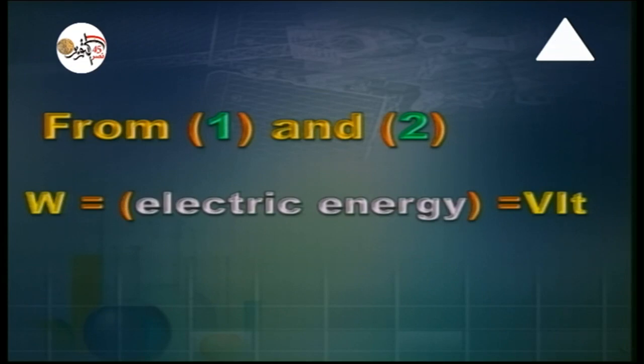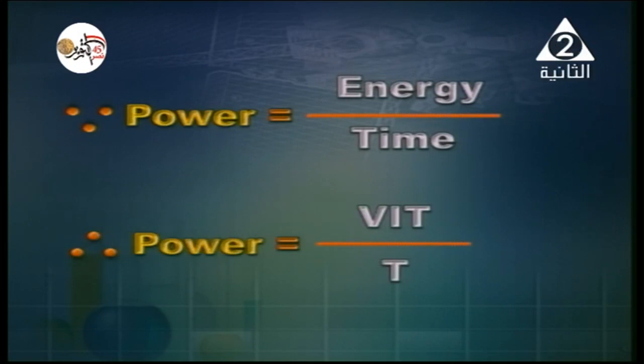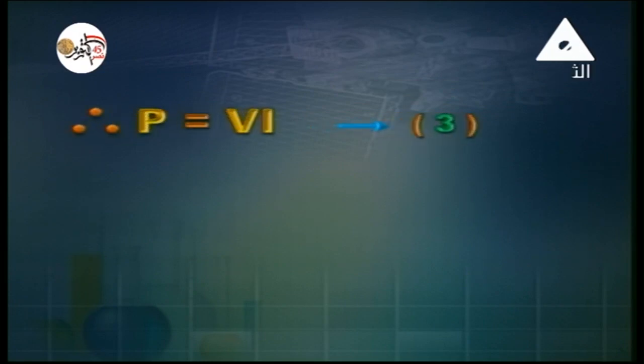It is the rate of converting electric energy. So power equals electric energy converted over the time. So it is VIT over T, and of course, the time will be crossed out. So power is given by the expression VI. This is the first part of the proof.